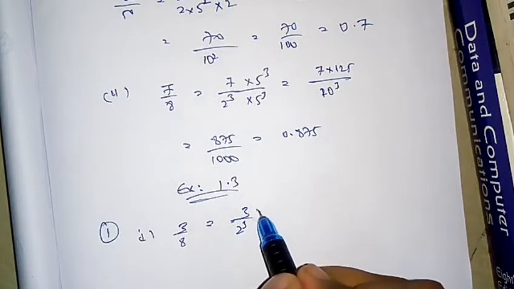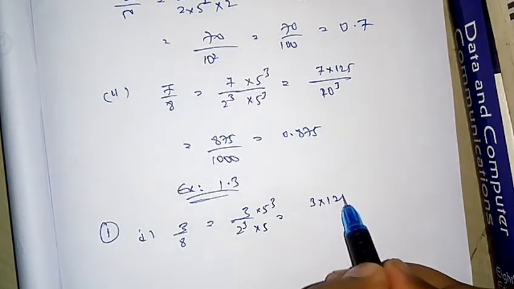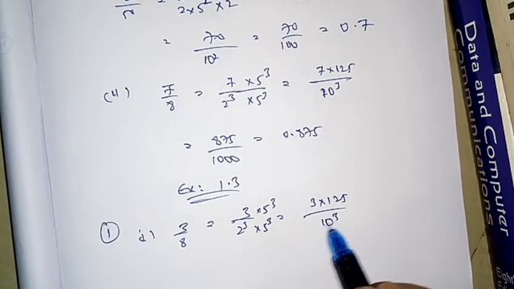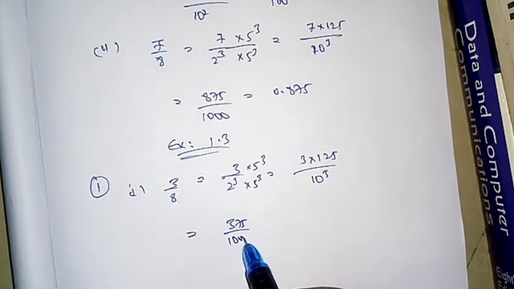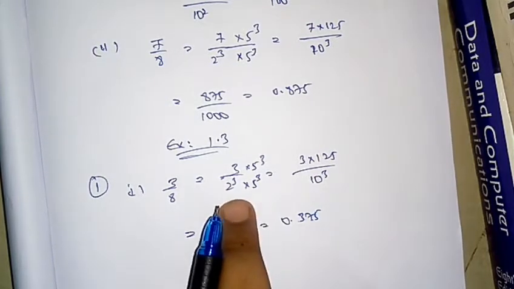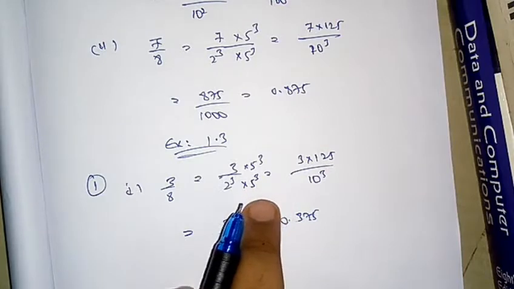Now multiply numerator and denominator with 5 cube, which will be equal to 3 into 5 cube, which is 125, by 10 cube. 3 into 125 is 375 by 1000, which is equal to 0.375. Since the denominator is of the form 2 power n into 5 power m, this decimal expansion will be terminating.